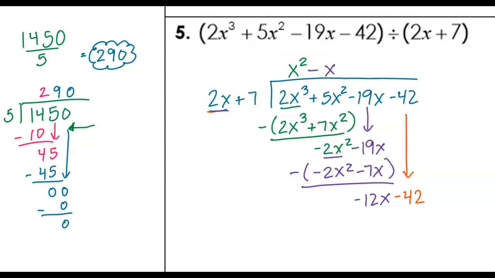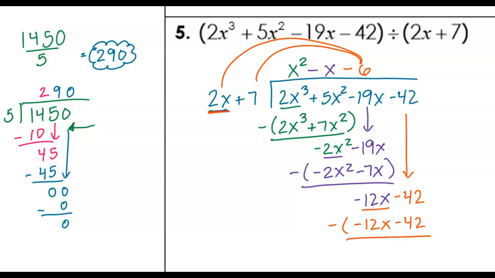What do we multiply 2x by to get negative 12x? Negative 6, yes. So then we multiply negative 6 times 2x and we get negative 12x. These should match, which they do. And then we multiply negative 6 times 7 and we get negative 42.